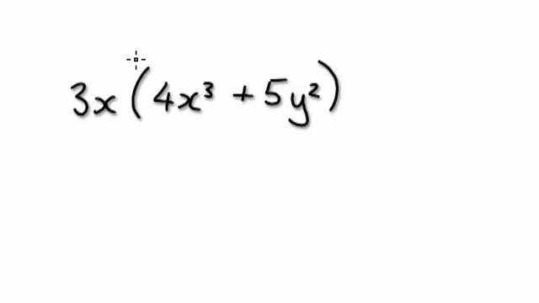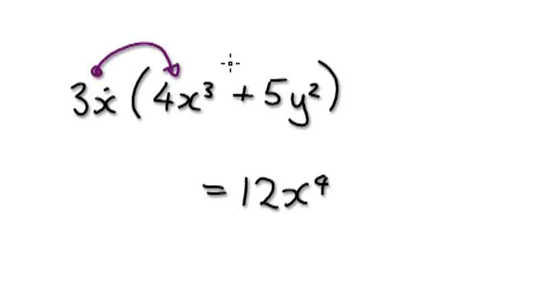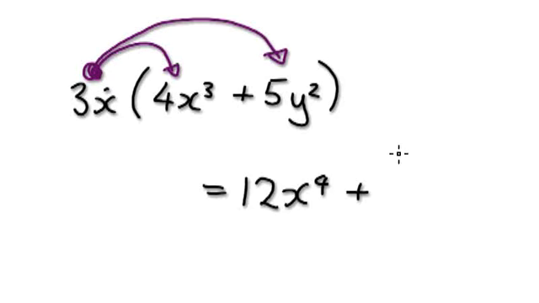Okay, let's do this one here. So here you would get this one times this one. 3 times 4 would be 12. You've got x here times x to the power 3. That would be x to the power 4. It's a plus, so let's take the plus down. And now get this times this. 3 times 5 will be 15.